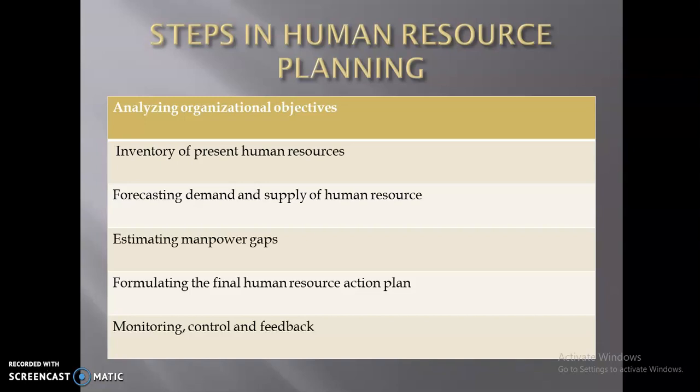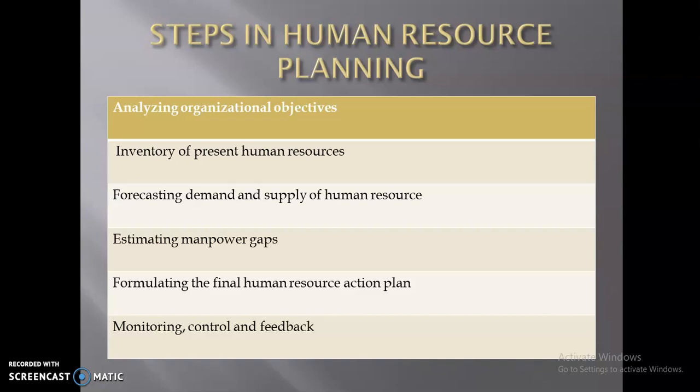First, analyzing the organizational objectives. Inventory of present human resources, forecasting the demand and supply of human resource, estimating the manpower gaps, formulating the final human resource action plan, monitoring, control and feedback.